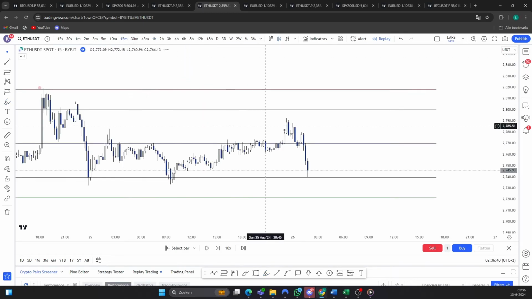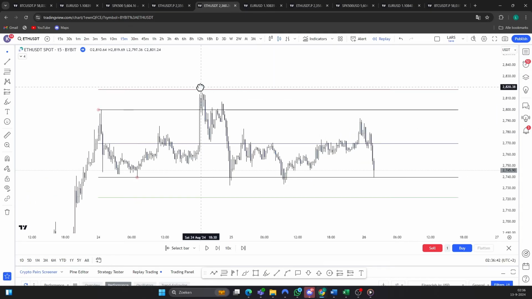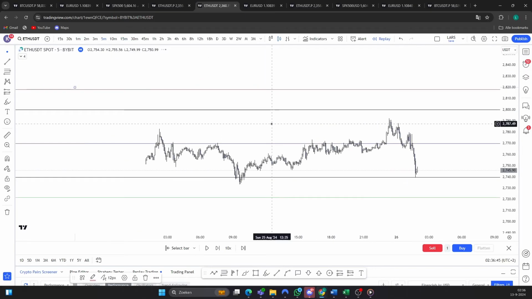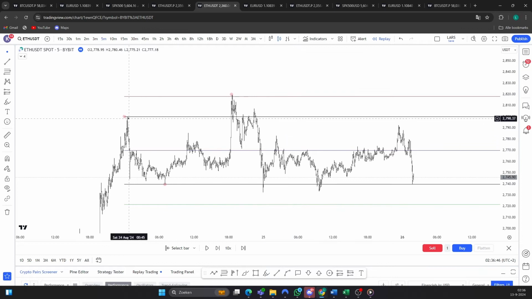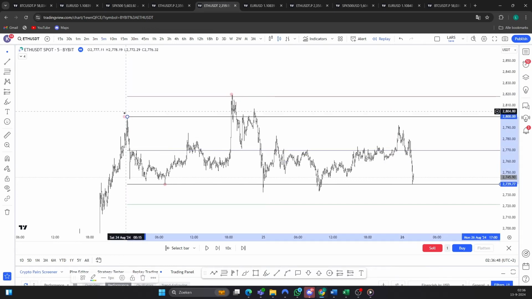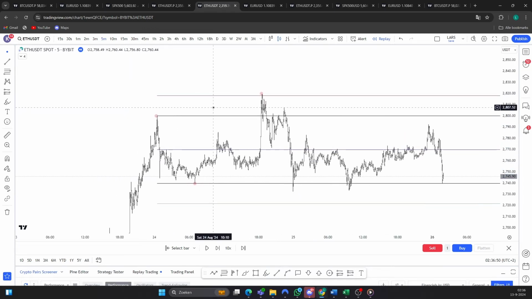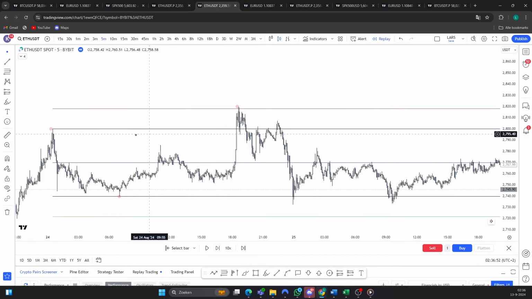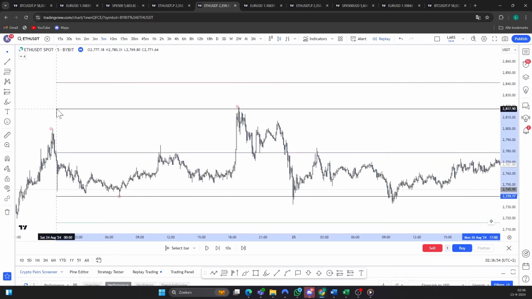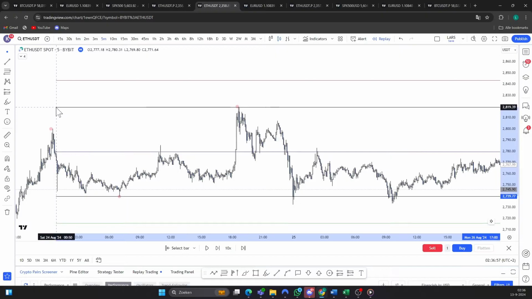Now, if I zoom in, guys, on the 15-minute, the 5 to 15, you can clearly see that we deviated our high, so let's extend it. There you go.